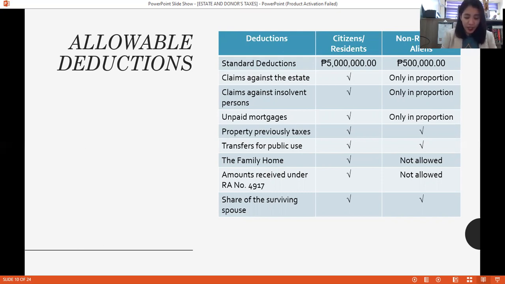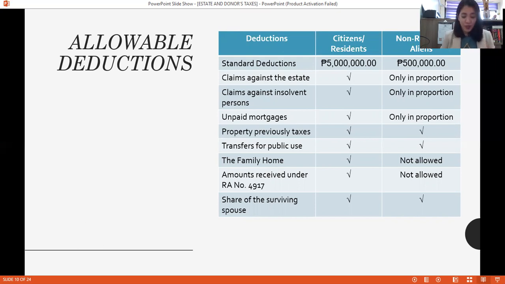Requirement natin dyan, dapat yung utang na yan is in existence at the time of death, of course. Then, it must be duly notarized. Dapat it must be in a public instrument. And if the loan was contracted within 3 years before the death, the administrator or executor shall submit a statement showing the disposition of the proceeds of the loan.